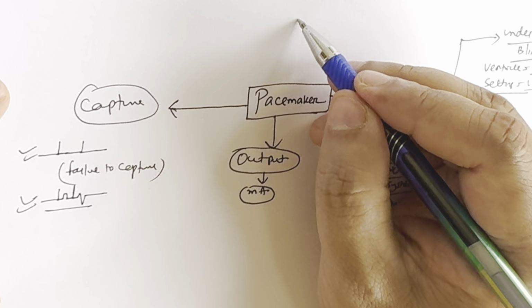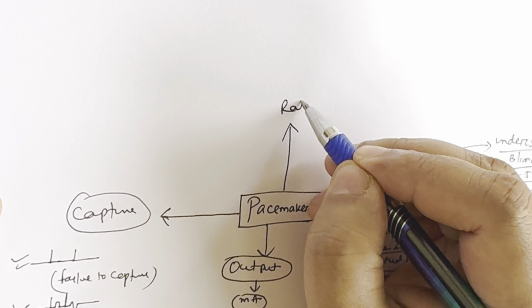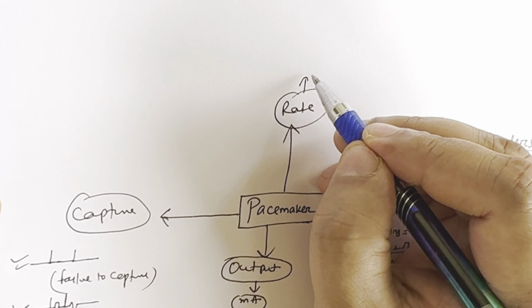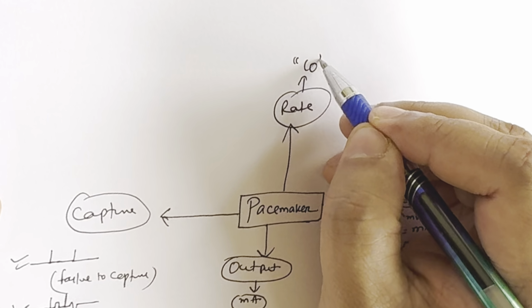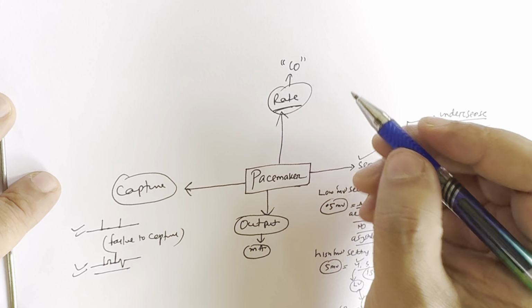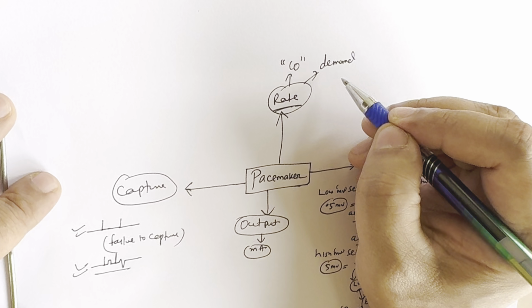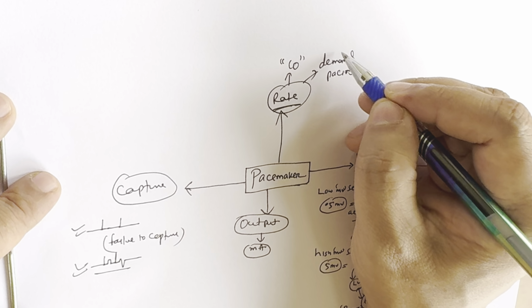Then we have something called rate. This is also something we set in the pacemaker. The rate is very important because it maintains the cardiac output. Also, it provides what you call demand pacing. What does that mean?